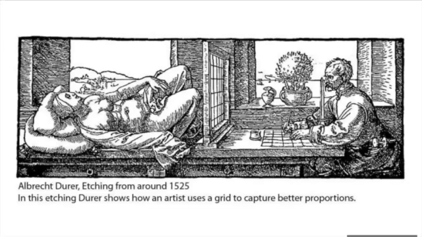This artist, Albrecht Dürer, in this example of an etching, used a grid, a transparent grid that he put in front of a model. In the grid, there would be 1 inch squares for each part of the grid, which he would translate to the same ratio onto his canvas or piece of paper.